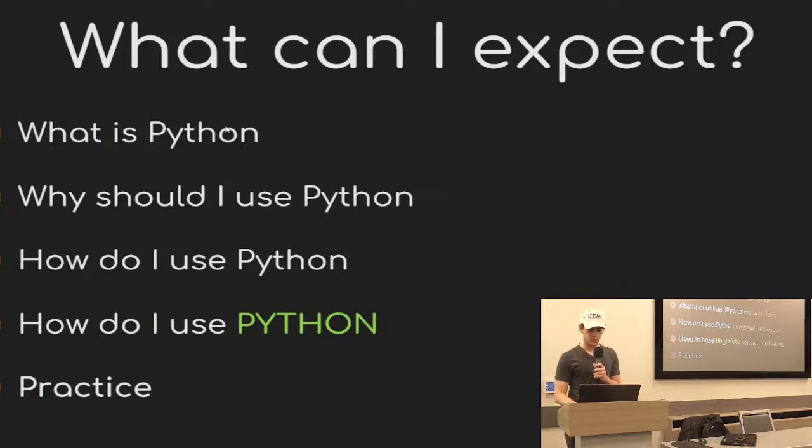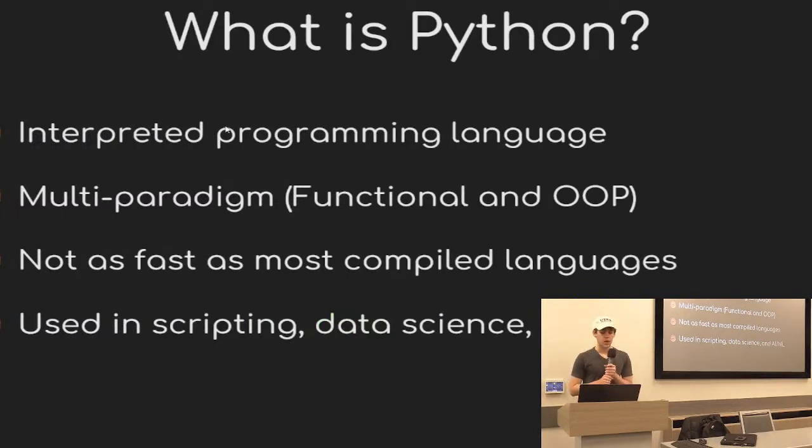Okay. So what is Python? As I'm sure many or all of you are aware, Python is a programming language. And it's an interpreted programming language, so not compiled. Interpreted means that there's a Python interpreter which will run through the code line by line and execute it, as opposed to compiled, which will take a look at all your code and then optimize it and convert it to machine code to make it really fast.